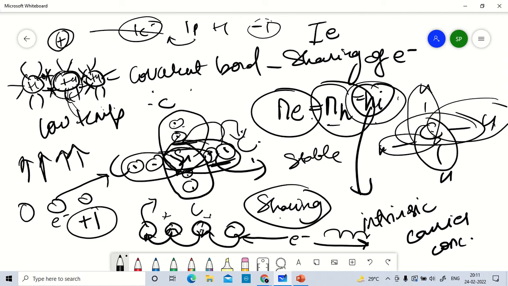It appears whenever there is an empty bond anywhere in the crystal. Under the action of an electric field, these holes move towards negative potential, giving the hole current IH. So the free electron current is IE, the hole current is IH. The total current I is the sum of the electron current IE as well as the hole current IH.